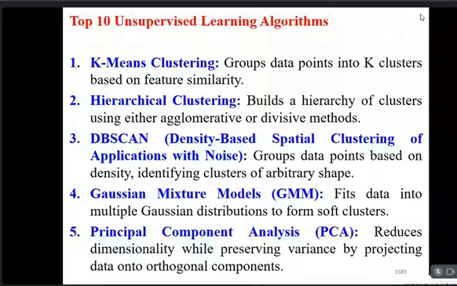Then we are going for principal component analysis. It is one of the image processing techniques. Unstructured data it can solve, like audio, video, text, graphics, animations. It reduces the dimensionality while preserving variance by projecting data onto orthogonal components.